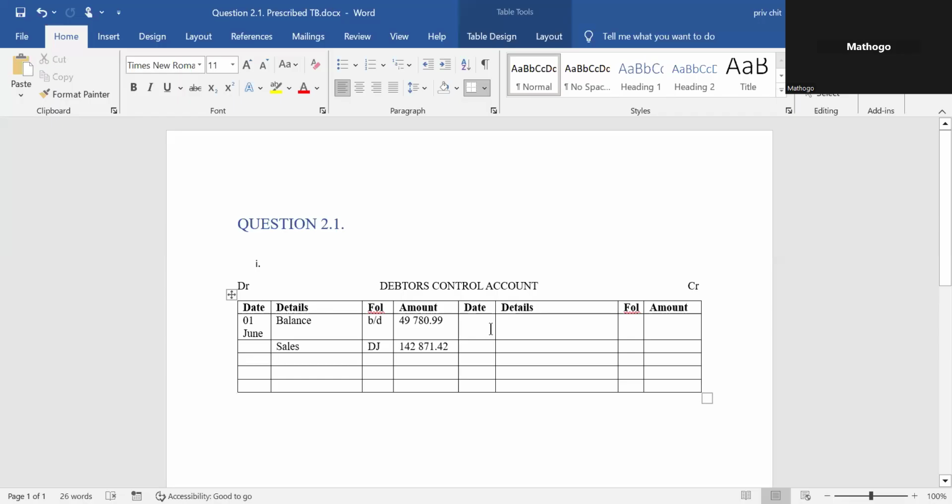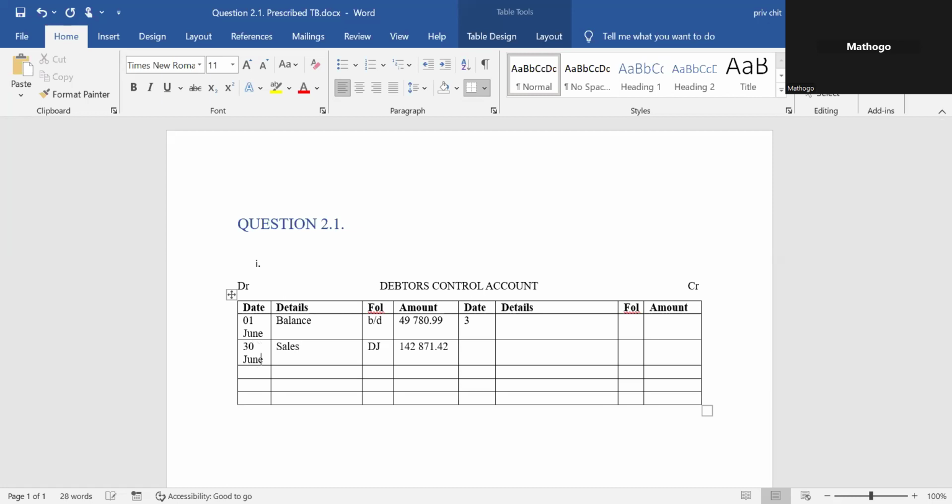Here you have to put, obviously, the date. This is on the 30th of June in this case. And then, of course, on the details column, what are we going to record? That's your sales returns, right?